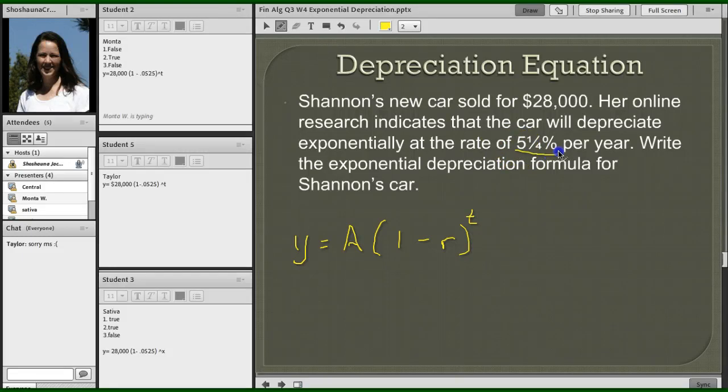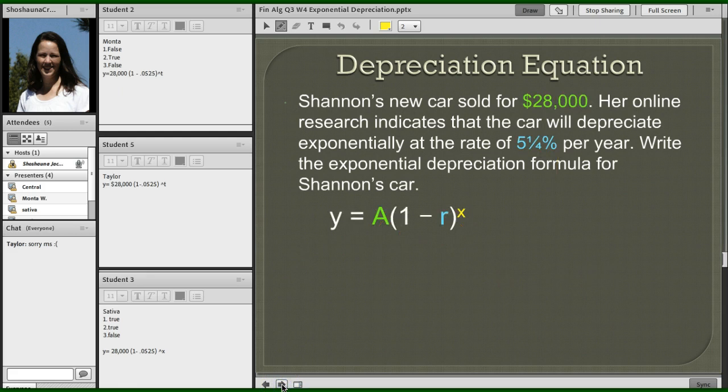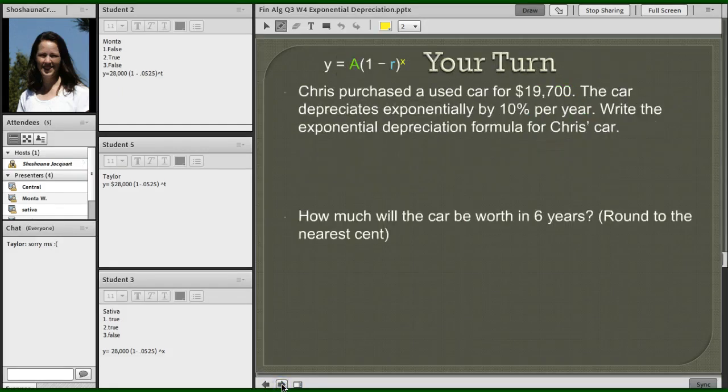How is this one expressed as a decimal? Nice, you guys all got it. So it's 0.0525. Good job, you guys all got it. Nice. So now we're going to apply, and see all my beautiful colors? You didn't even need them, but there they are. So now we're going to use it for this one and actually crunch some numbers.